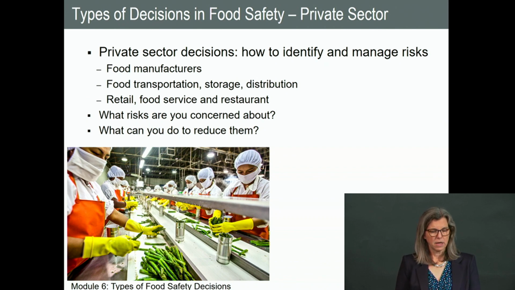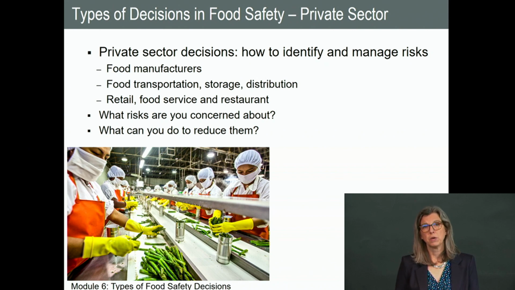And then, 2 major categories of decisions that these groups might be making are: what risks are you concerned about? What hazards and what foods are the ones that you're going to focus your resources on? Again, in a risk-based system, we're always assuming there are limited resources, that it's not unlimited resources to address risk. So deciding where you're going to address those resources is an important prioritization decision. And then what can you do to reduce them?